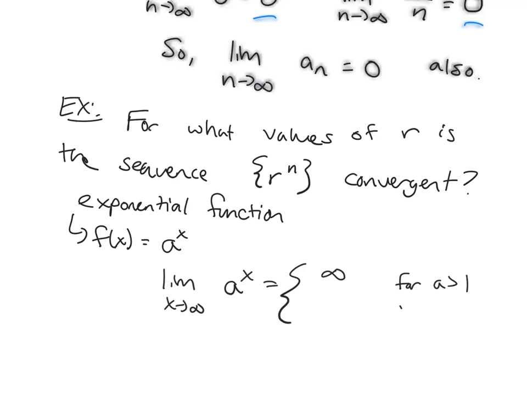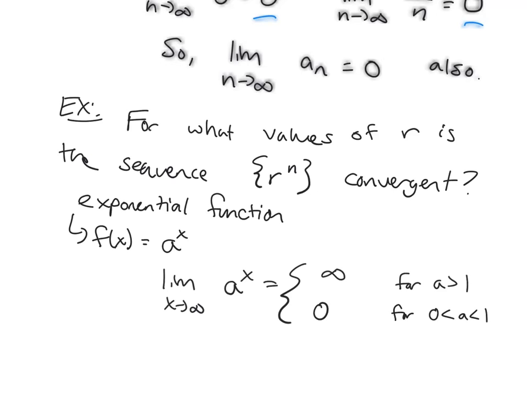If it's between 0 and 1, you're going to get 0. If this is a little too complicated, think of an example. If a is 2, you're taking 2 to the x, which grows really fast. As x goes to infinity, I'm getting a large number, so I'm getting infinity for that limit.